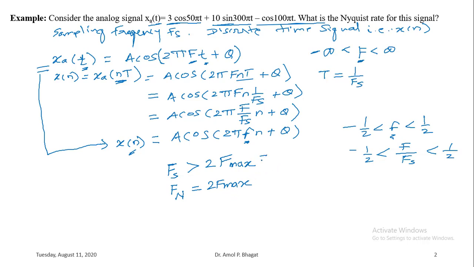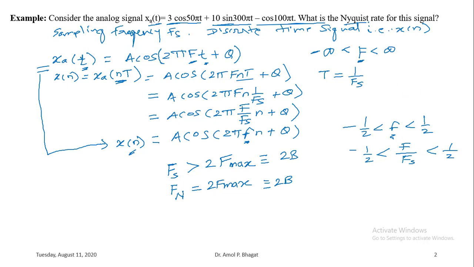And this is equivalent to what? Twice the bandwidth. Right. These things we have already seen in the previous session. So in this example, we have to identify the Nyquist rate.